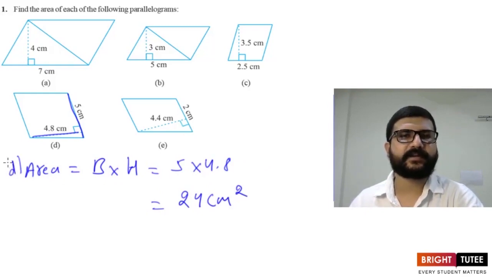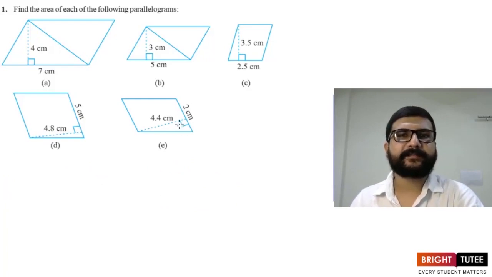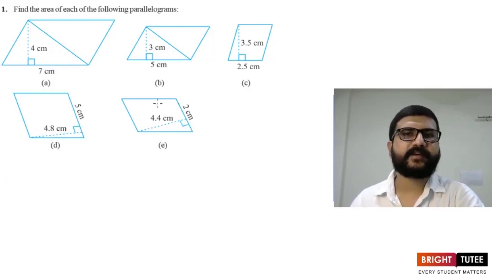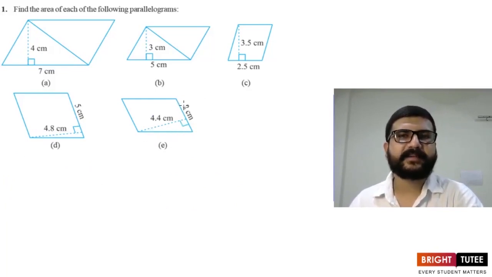So this was the D part of the question. Now let's see the last part of the question. It is again a parallelogram, and we have to find its area. So which side should we consider as the base? We have to consider this side as the base this time. It is 2 centimeters. So the height corresponding to this base will be 4.4 centimeters.